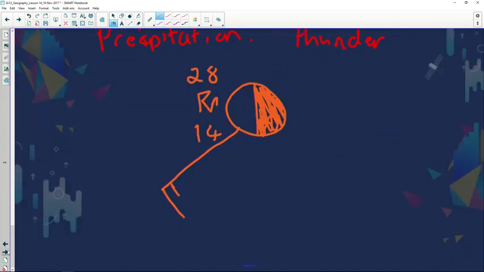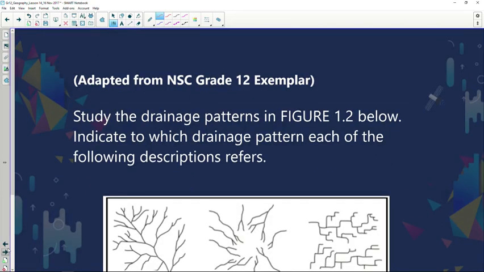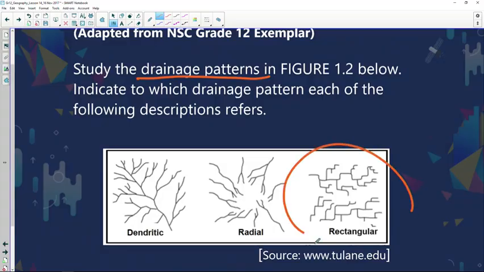Now let's quickly move to question number 2. Now in geomorphology, we looked at the different drainage patterns. In your textbook, we looked at the dendritic pattern, the trellis pattern, and the radial pattern. But over here, they've asked us about the rectangular pattern, which is very similar to the trellis pattern.